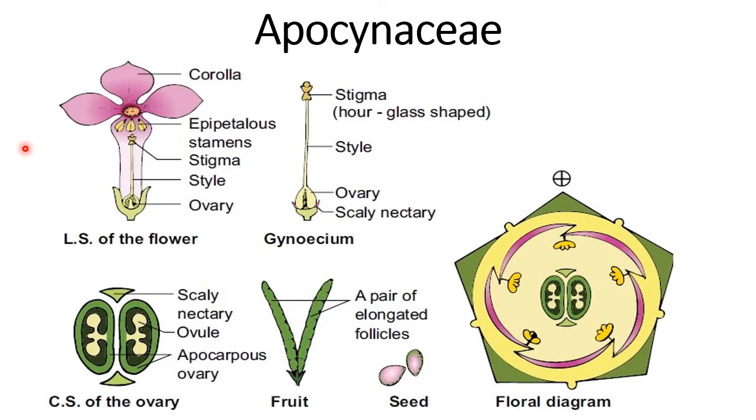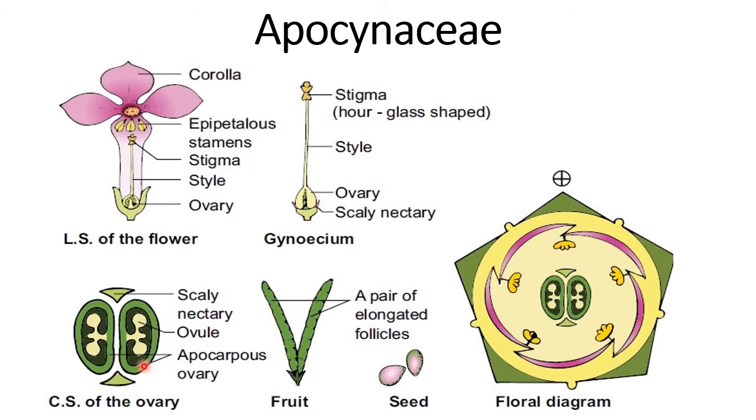Here you will be able to see all the details, that this is ovary, this is style, this is stigma, epipetalous stamens, these are the sepals, and these are the petals. Here an individual part of the ovary is represented. This is thalamus, this is scaly nectary which is just below the ovary, this is ovary, this is style, and here you can see stigma.